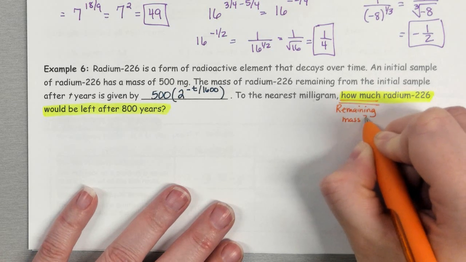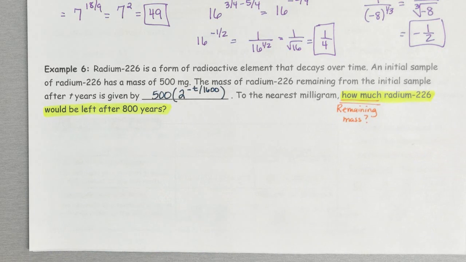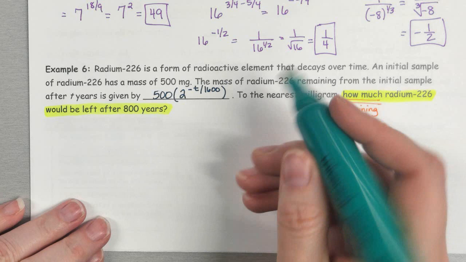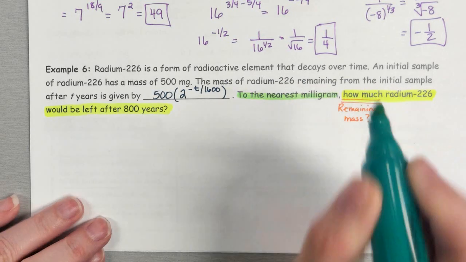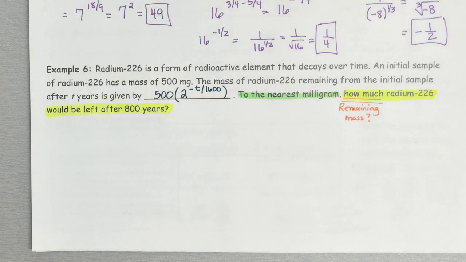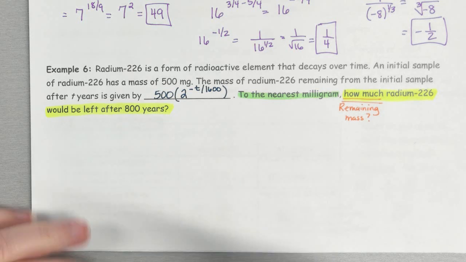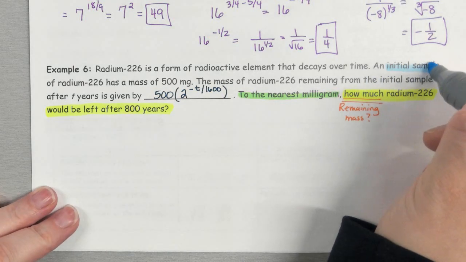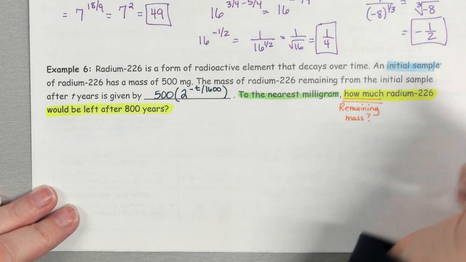That's what we're trying to find. And they do tell us to find it to the nearest milligram. So we'll be doing some rounding there. Okay, and then I know that the equation is given, but they tell you that the initial sample is 500 milligrams.